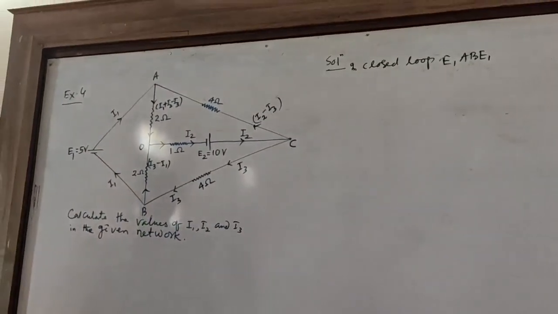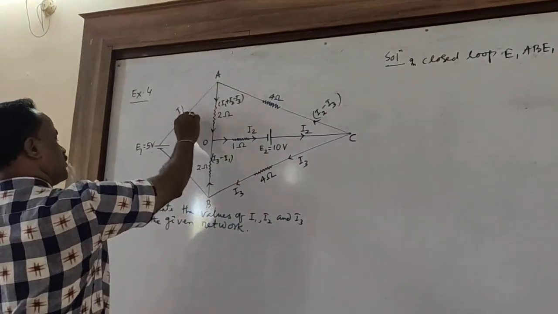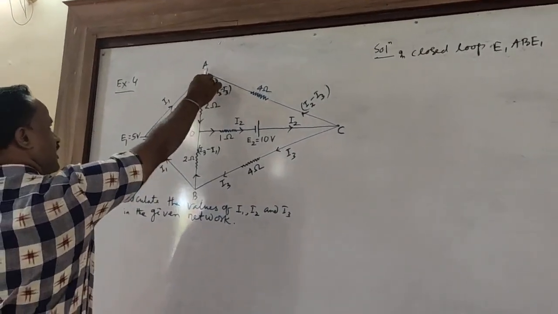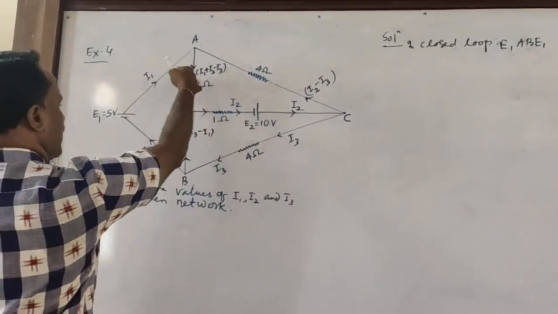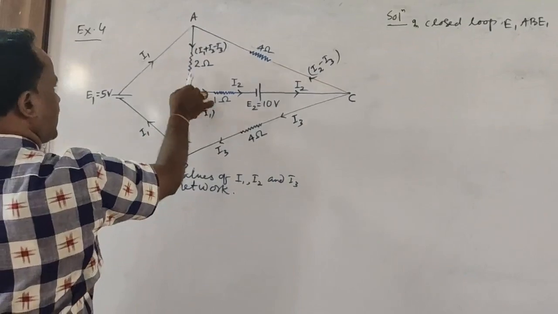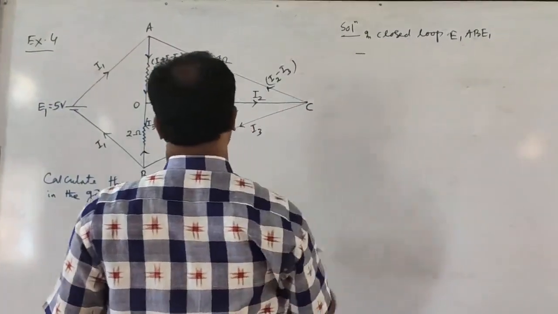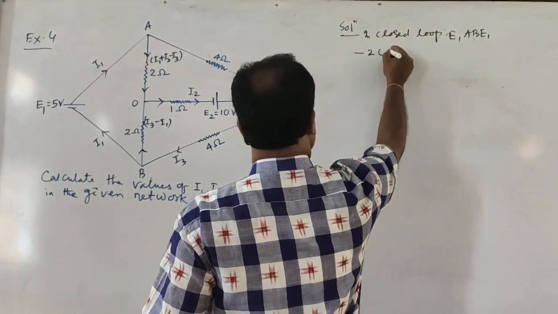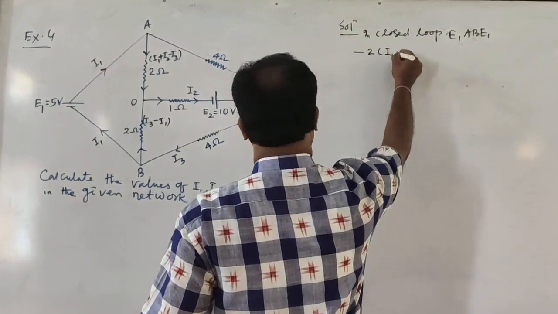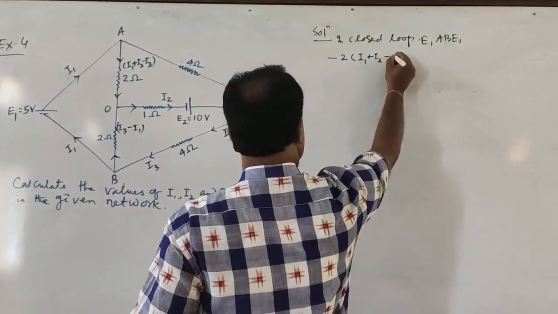Apply Kirchhoff's voltage law. From E1 to A, there is no loss or gain of potential. From A to O, there is a resistor, and we are moving along the direction of flow of current, so there is a loss of potential across the 2 ohm resistor, taken as negative: resistor multiplied by the current through it, minus 2 into I1 plus I2 minus I3.